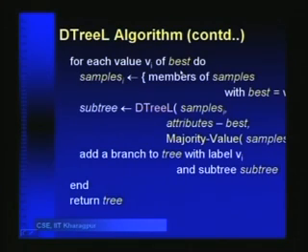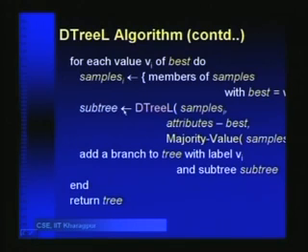So, for each of those options we split the sample sets into the options that fit into that. Suppose I have none, some and full as the values of patrons. So, those examples which have none will be pushed into the none set, those which have some will be pushed into the some set, and those which are full will be pushed into the full set. So, these are the sample sets.